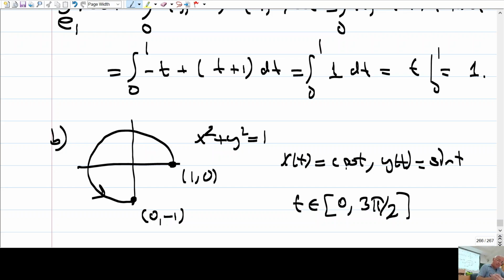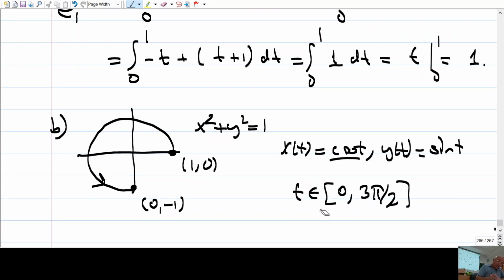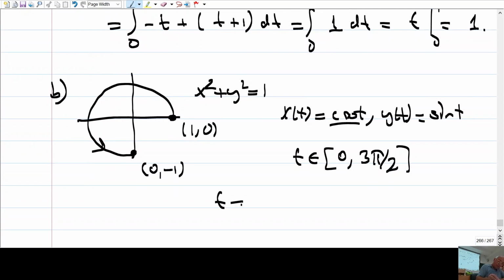Let's check. When you plug t equals 0, you get 1 here and 0 here, so you are at this point. Let me just maybe write those down. When you let t equals 0, (x(t), y(t)) is just cosine 0, which is 1, sine 0, 0.